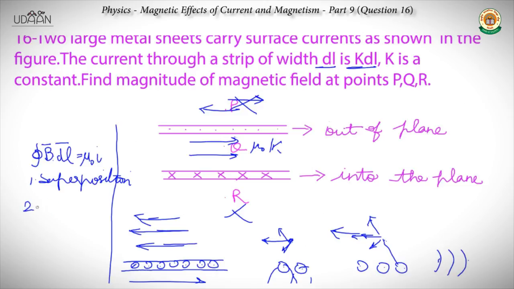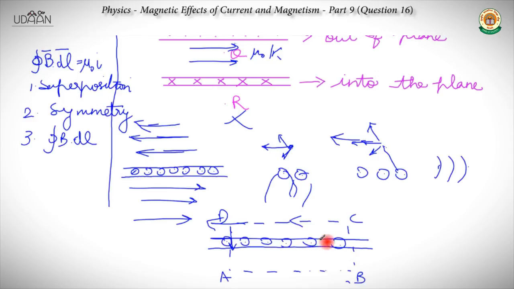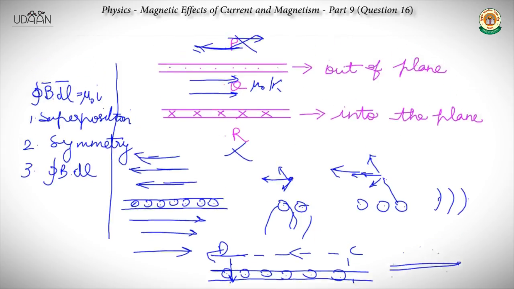Second, using the symmetry to deduce that these fields will be parallel. And third was integral B dl, and using the correct path for it. It would have been very hard had we chosen a path like this, say a circular path. So we choose the rectangular path and it becomes very easy for us to calculate it.